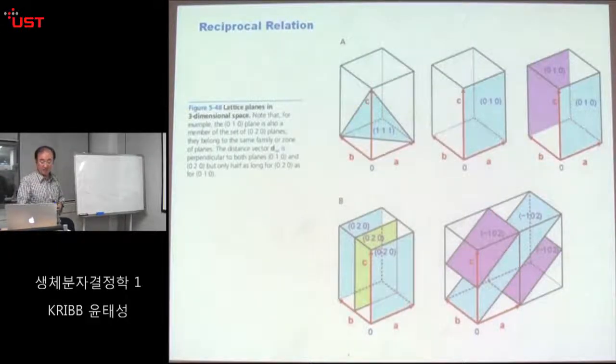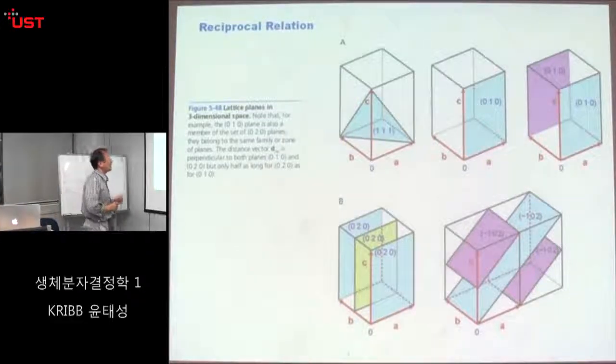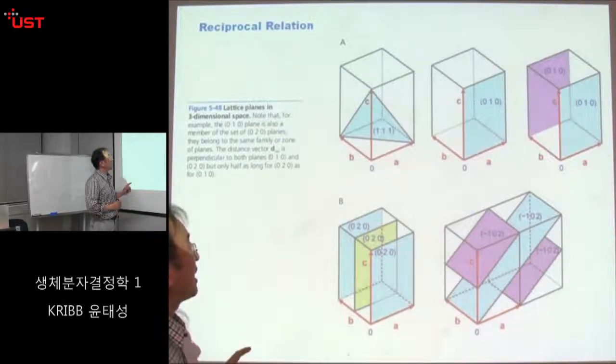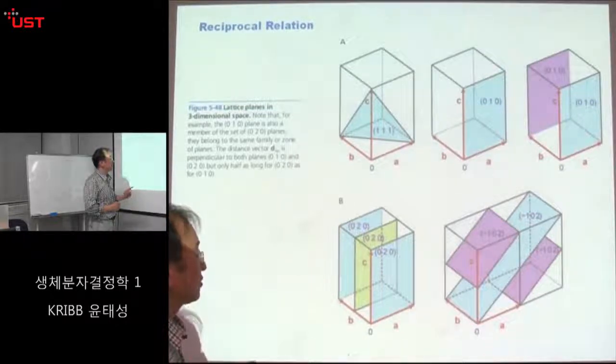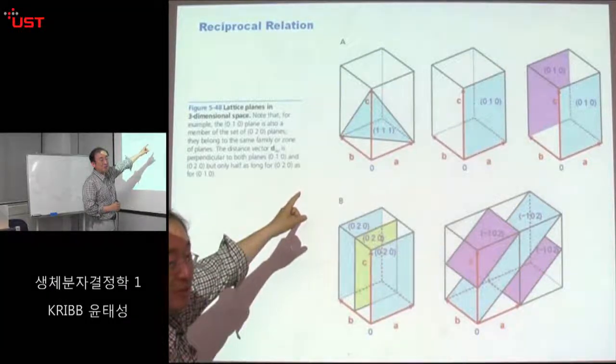Here is another thing. Now we are looking at a pattern, not only in terms of ABC, but in terms of HKL. That's a little bit complicated, but here small hkl is an index of a plane. What are you looking at? First figure. What can you find?